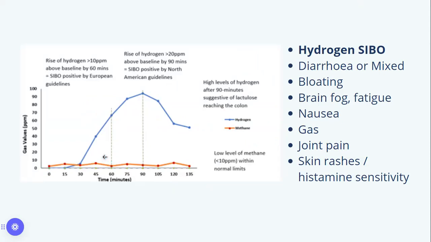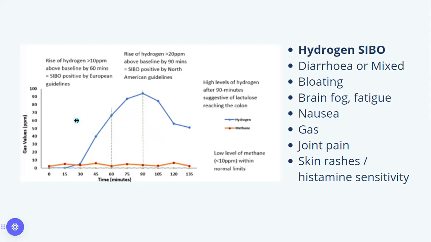This one was done using lactulose. You can also use glucose if somebody is under the age of 12, or if somebody is lactose intolerant and can't tolerate even the slightest bit of lactulose, even though lactulose is often used as a constipation reliever.